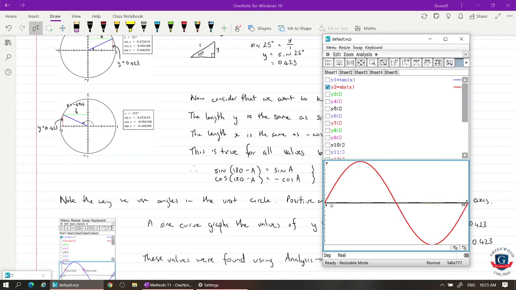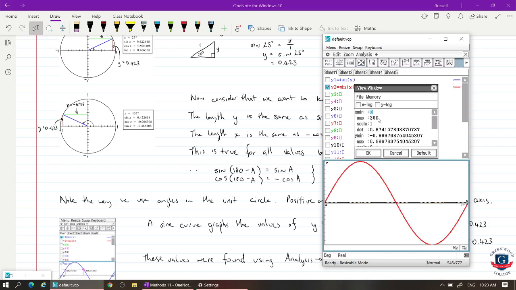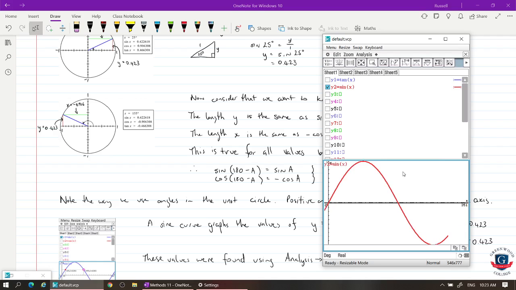So if we go from 0 to 360, the values for sine between 0 and 180 are all positive. If we did it for cosine, we can see that the values from 0 to 90 are positive, but the values from 90 to 180 are negative. Remembering that these values here are what we're trying to get off the unit circle.